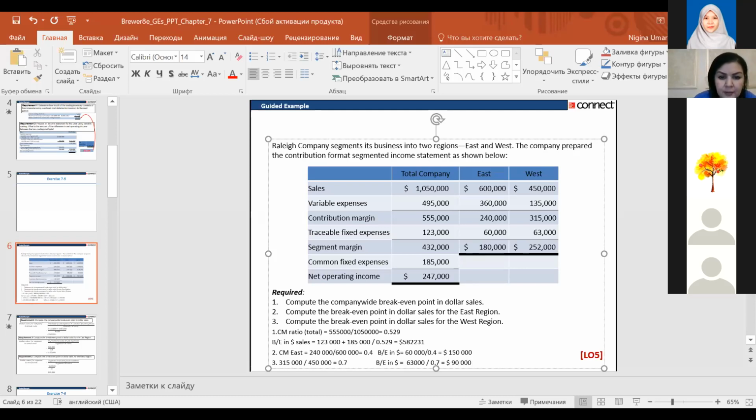So what does it mean? Who can explain what is that 90,000? How can you explain what the company should do with this 90,000? When we say break-even point in dollar sales, what does it mean, that 90,000? Who can explain?